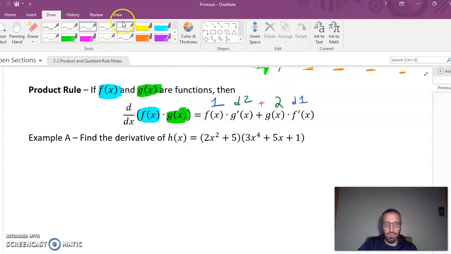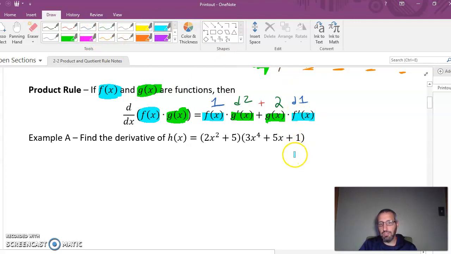Okay, so it's 1 d2 plus 2 d1. When we take the derivative of each individual function, we're going to take the derivative of that piece. All right, so let's see how it works. I think it'll make hopefully a little bit more sense once we take a look at it.